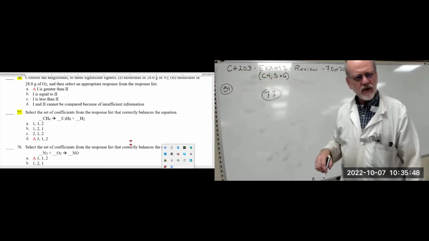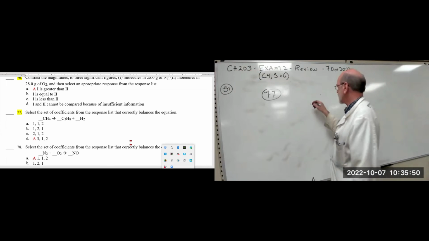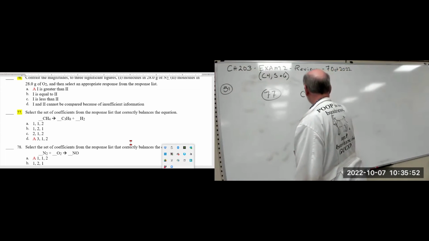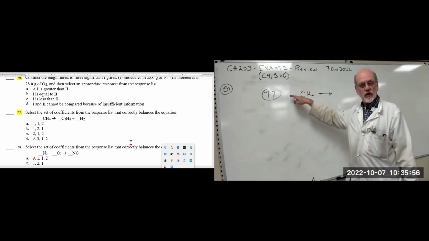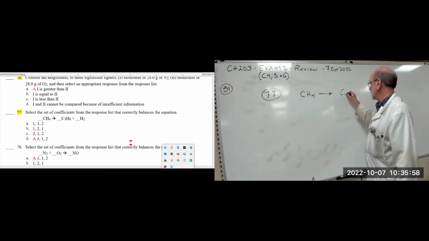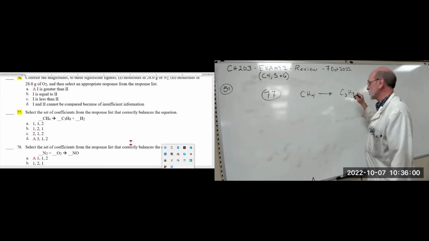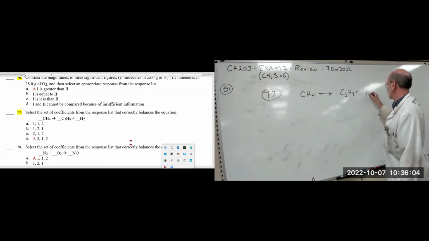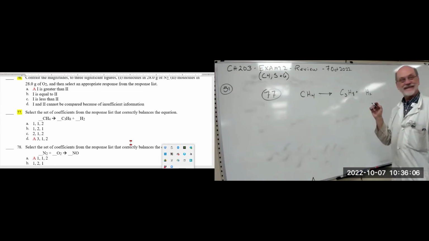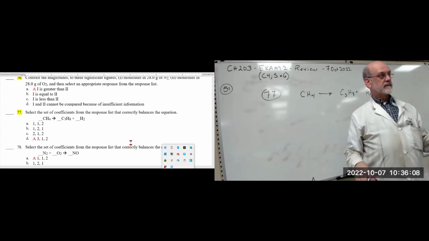So the unbalanced equation for this one is CH4, which is methane, and I leave a space for the coefficients. This one is C3H8, which is propane, and hydrogen. Okay, remember our budget method?